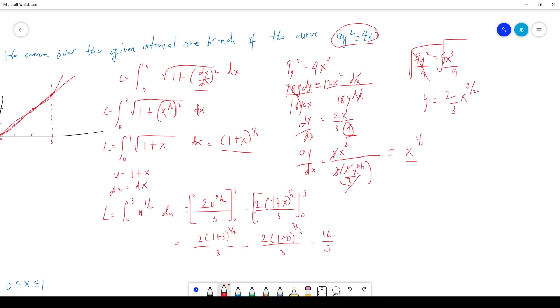Ito din siya. 16 over 3 minus 1 raised to 3/2. That's 1. Then times 2, that's 2/3. The final answer, the length of the arc or the curve is 14 over 3 units. Sorry, that's not area, that's the length.